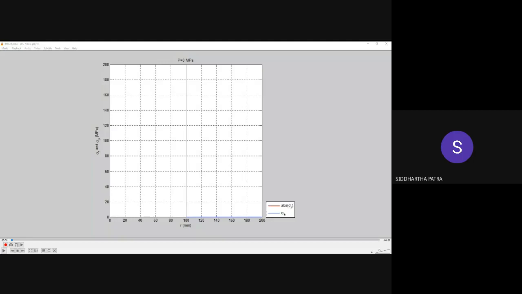By that I mean that when you see the plots in the elastic domain, initially as p rises from 0 to p prime, that is when the plasticity is initiated at A. So this black line in the middle is A, and this one right here is B. As long as p is below p prime, you have only elastic deformation.